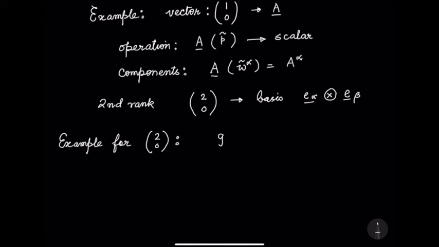is the tensor G, which if I put in these will give me G alpha beta.